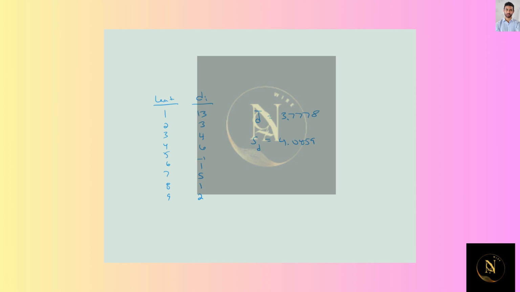And now the test statistic for this paired t-test is the mean of the differences over the standard deviation of the differences divided by the square root of the sample size.